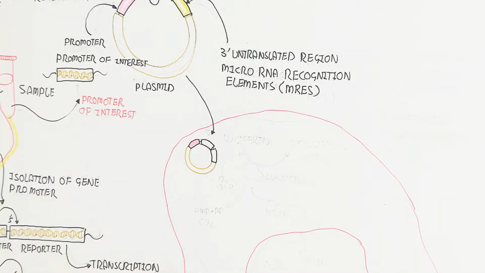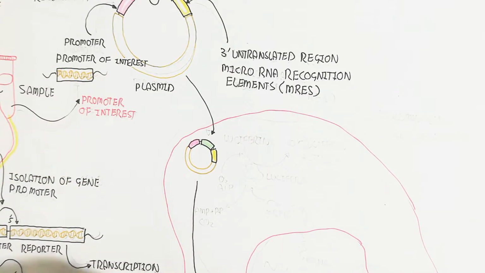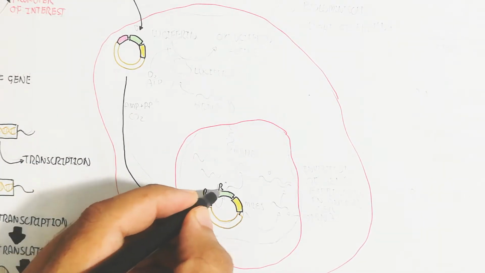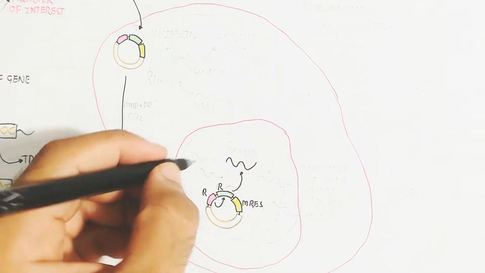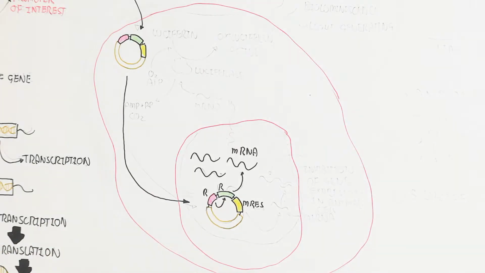After transfection, the plasmid is contained in the plasma membrane, the cytoplasm, or the nucleus. Here you can see the nucleus contains a plasmid, and this plasmid contains a promoter, a reporter, and the MREs.